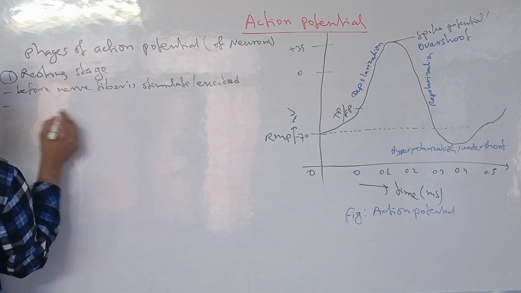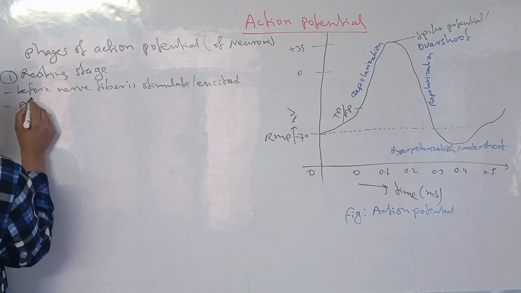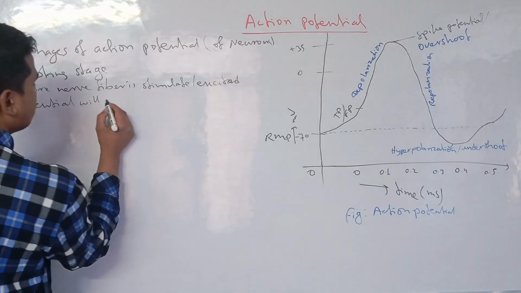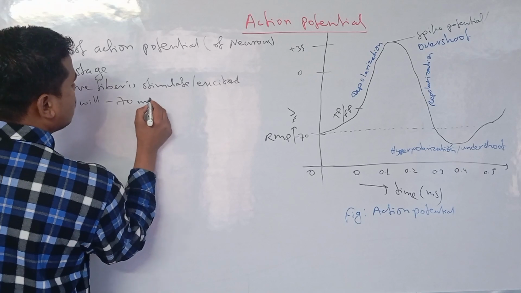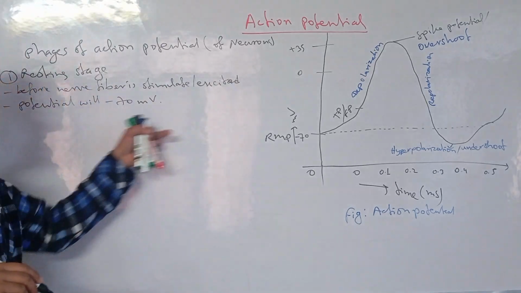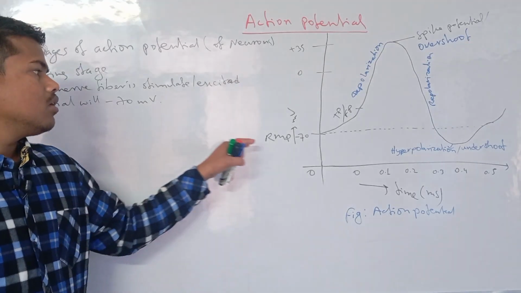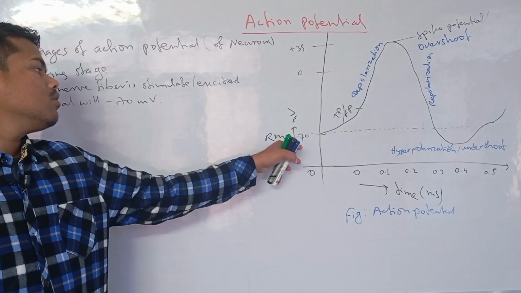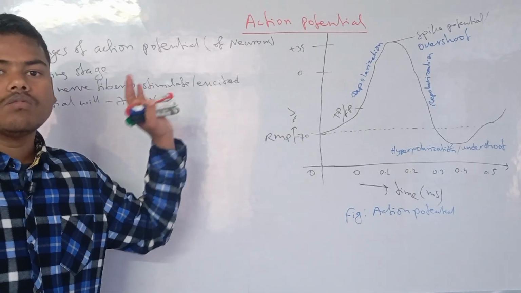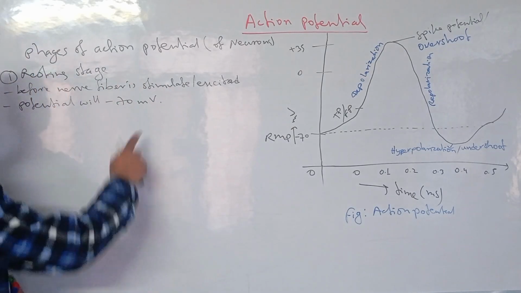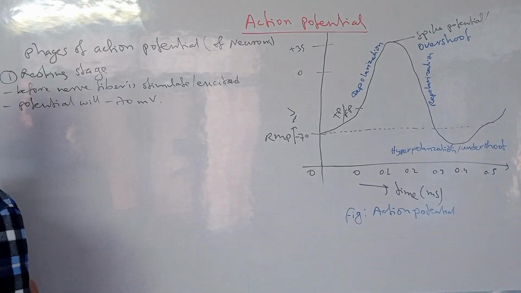The potential will be minus 70 millivolts, more negative inside than outside. This is the resting membrane potential.